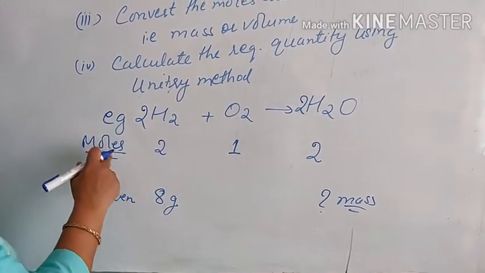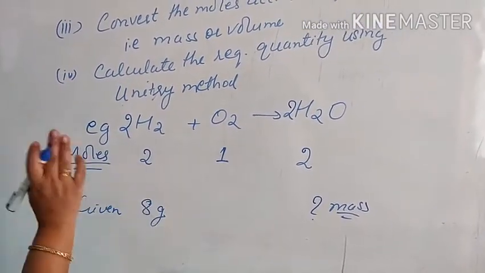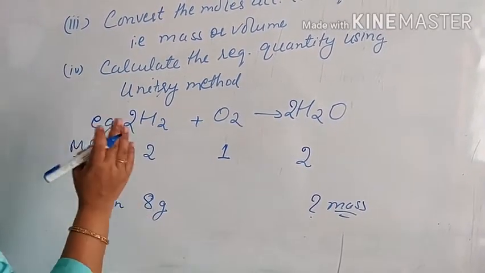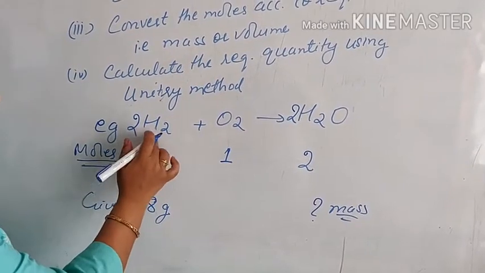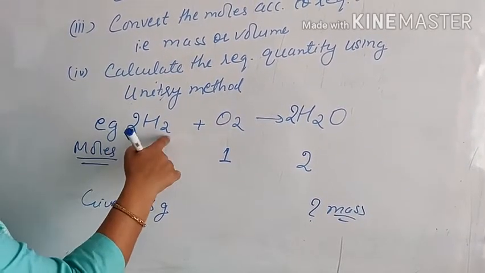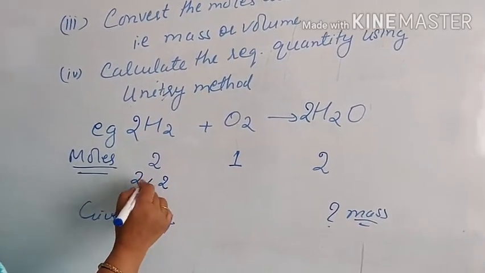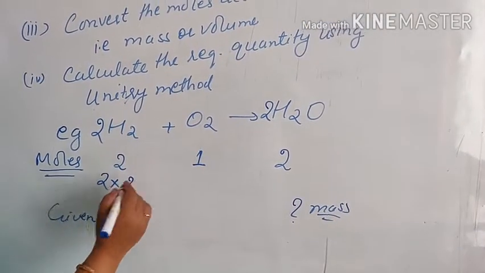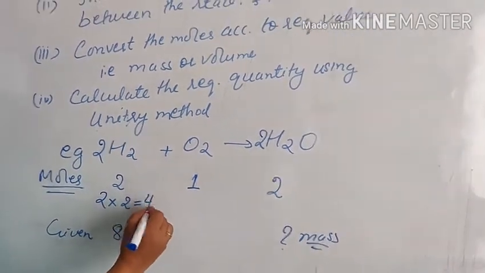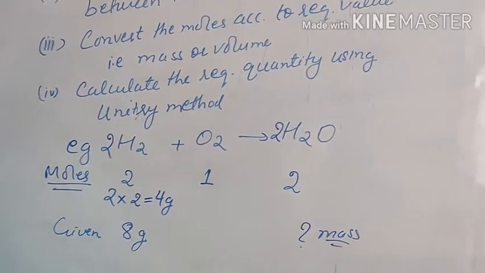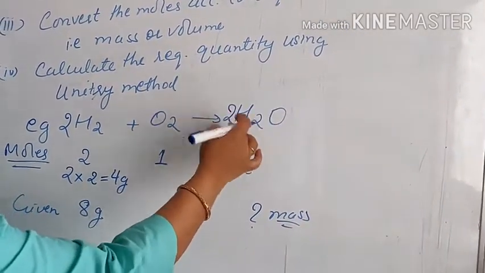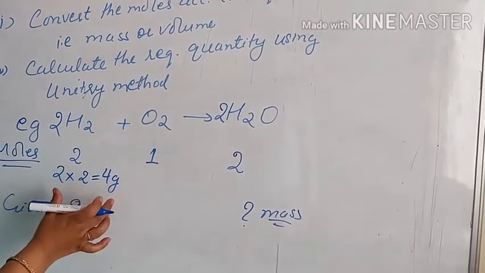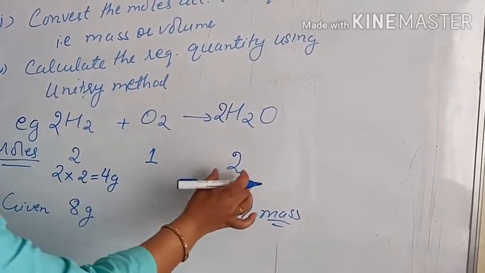So now we'll convert the moles into mass. The molar mass of H2 is 2. Mass of 1 hydrogen is 1, mass of 2 hydrogen is 2. So the total mass of 2 moles of hydrogen molecule is 4 gram. And the water formed by 4 gram of hydrogen is 2 moles.